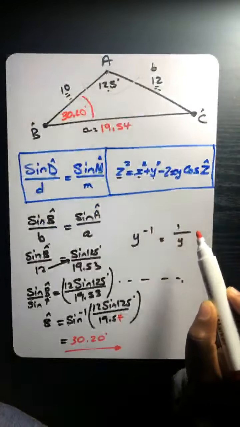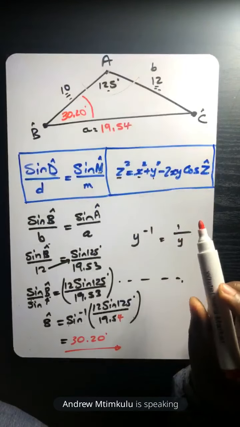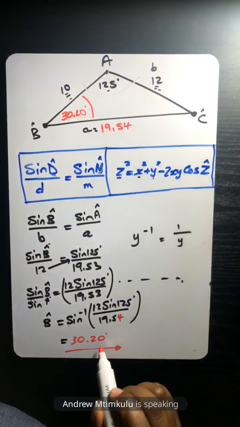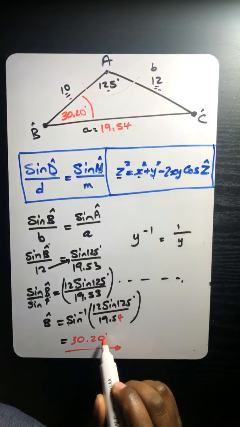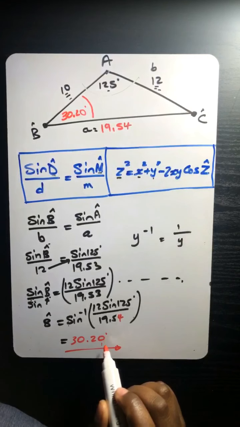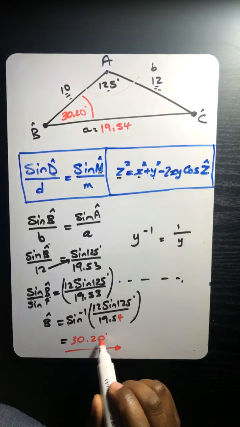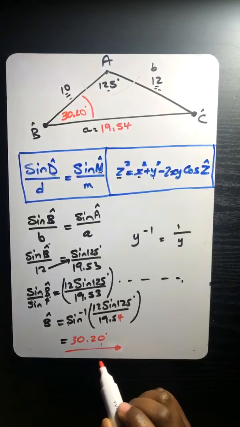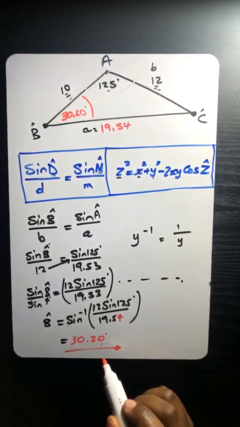I got 30,21 degrees while rounding off the last answer. 30,21. The other one, to confirm if it's 0 or if it's 1 there. It's 0, sir.